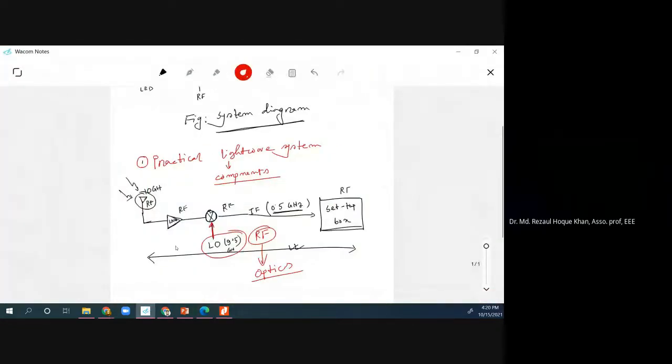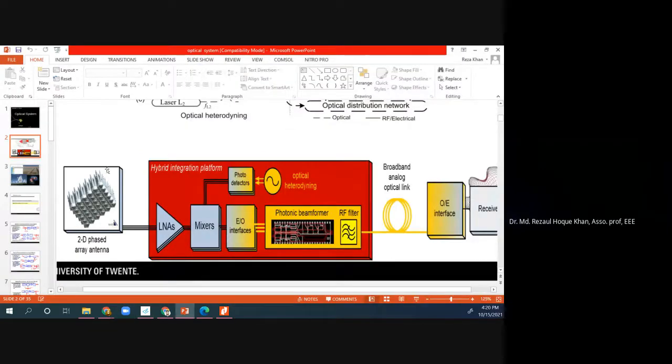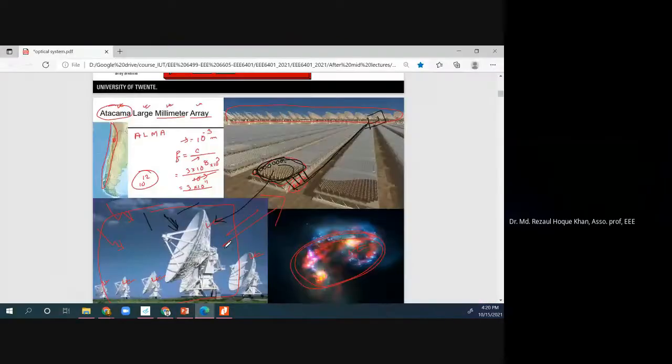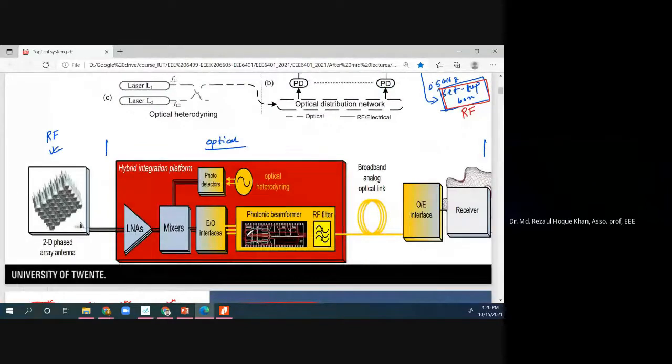So this is an extreme example: if you have a complete RF system, you can replace some of the components so that it becomes an optical system. Following the same example, this is the system. You see this is RF.